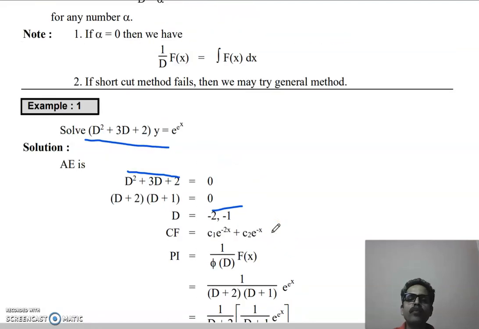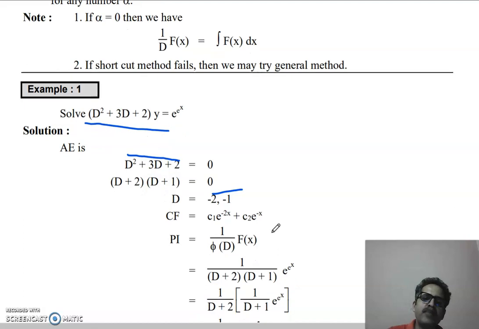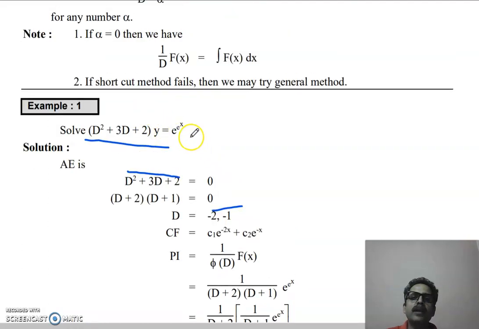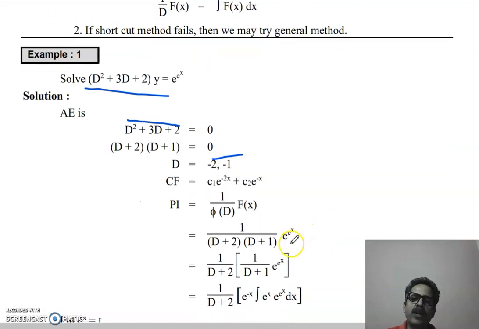Now we have to find PI, and PI has this formula: 1 over phi of D acting on f of x. Here f of x is e raised to x.